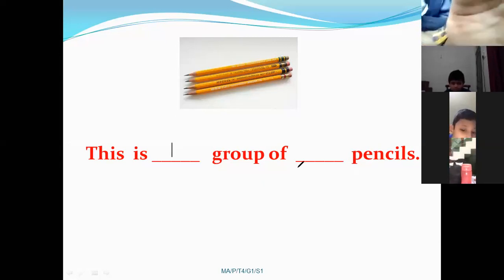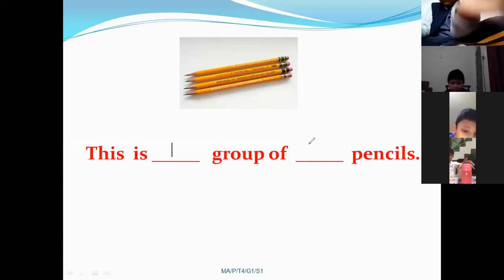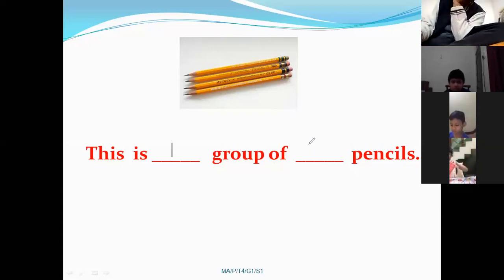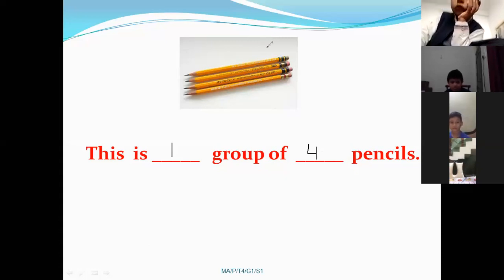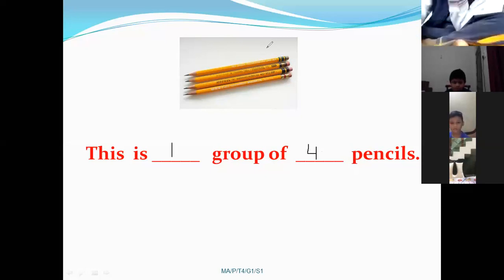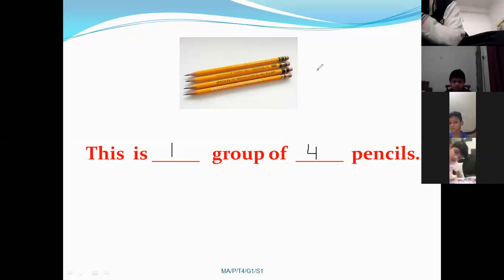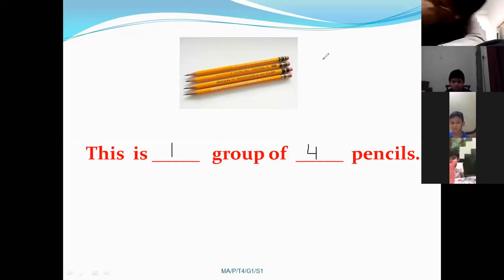In one group, how many pencils are there? 4. Very good. Yes, children, you all can count here. In one group, how many pencils are there? 1, 2, 3, and 4. So we all can say that this is one group of 4 pencils. Okay.